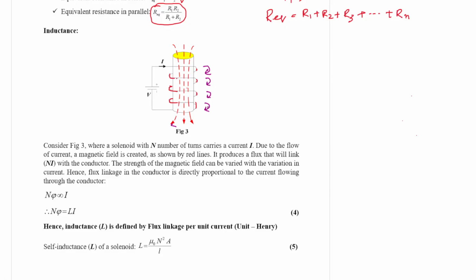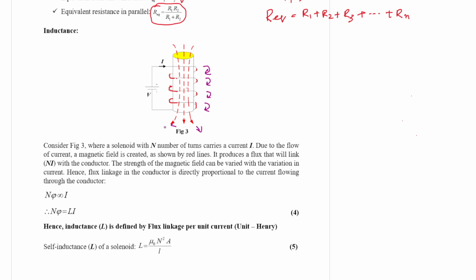As per the right hand thumb rule, the magnetic field will be directed along the bottom surface. That is exactly the direction of the magnetic field in this way.